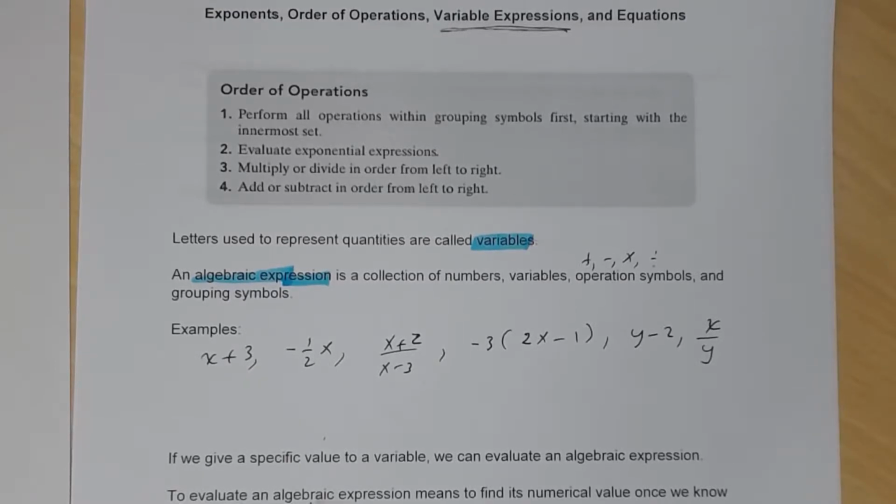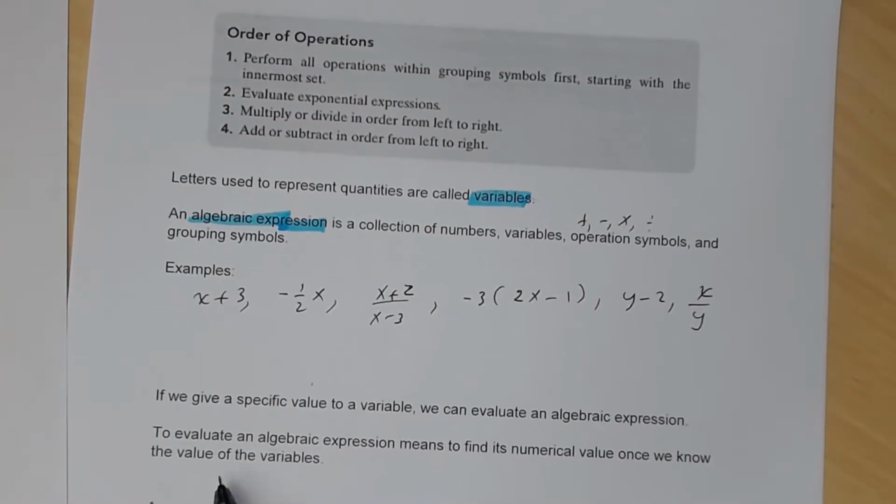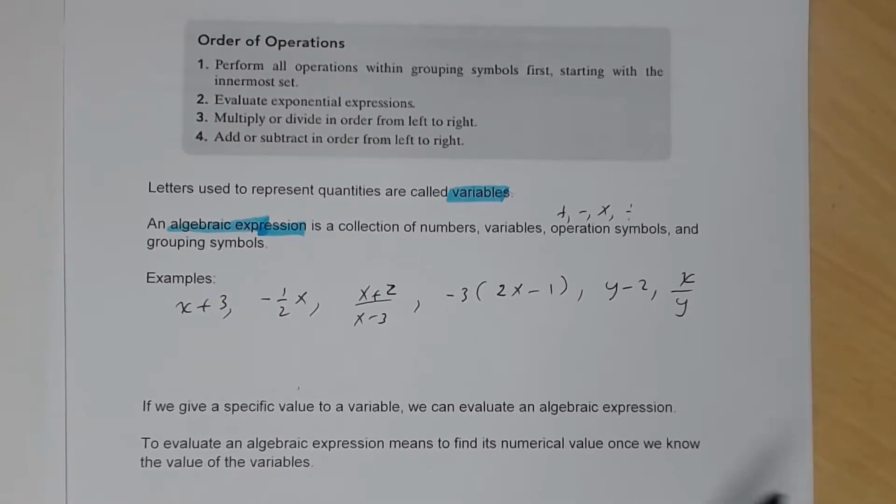To evaluate an algebraic expression means to find its numerical value once we know the value of the variables. So when you evaluate an algebraic expression, you end up with a number when we substitute a number into the variable.